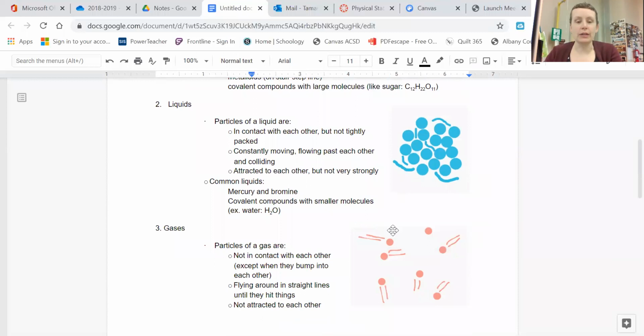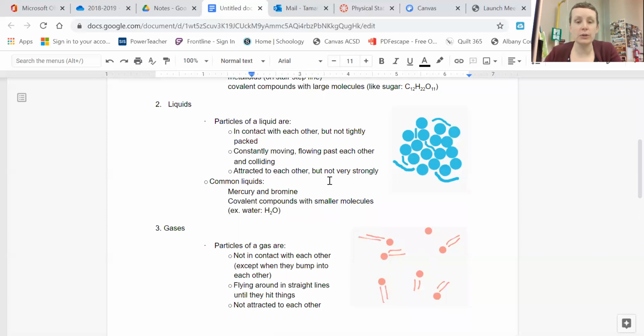All right, next, liquids. The particles of a liquid are in contact with each other, but not tightly packed. Here we're still touching each other in some places. A couple are spaced out, but they're still in contact. They're constantly moving, flowing past each other, and colliding with each other. They're rolling around, moving past each other.